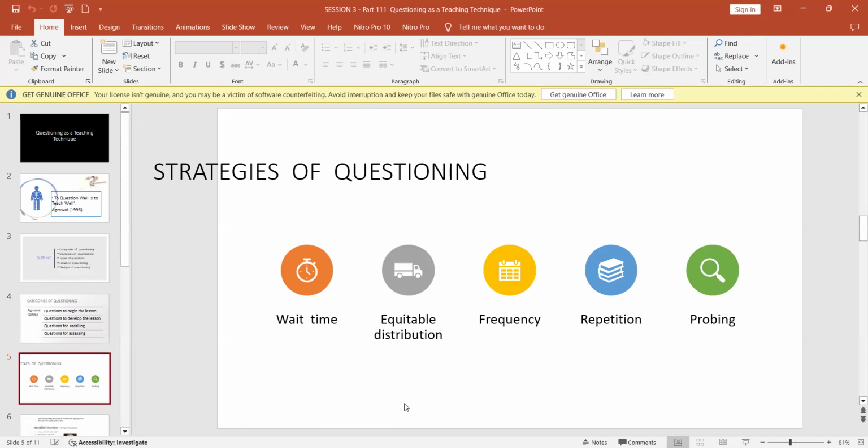I don't have notes here. So you have the recording as well. Now wait time is, now teachers ask questions from the students, but students need time to form the answer, right? Students, learners, they need time to form the answer, organize the answer. But hardly teachers actually wait till the learner forms the answer in the mind, organizes the answer in the mind.